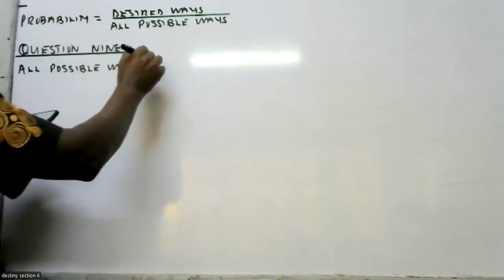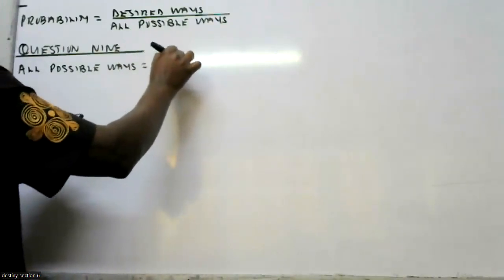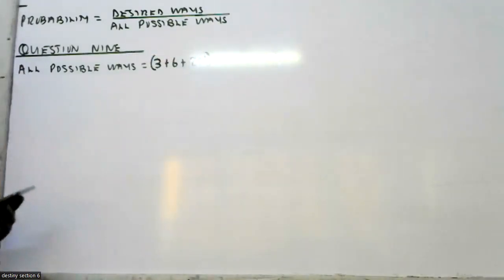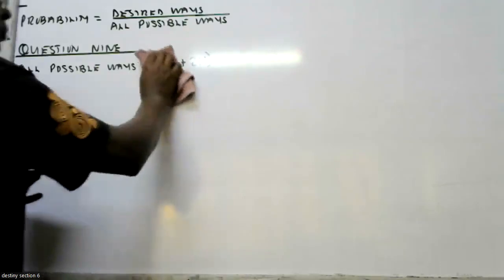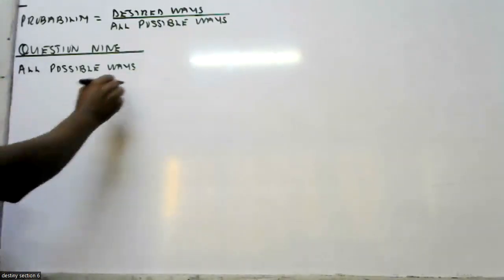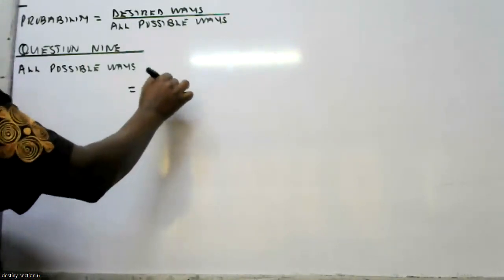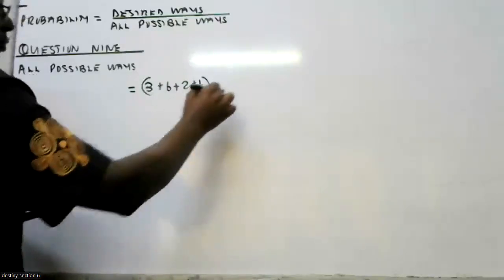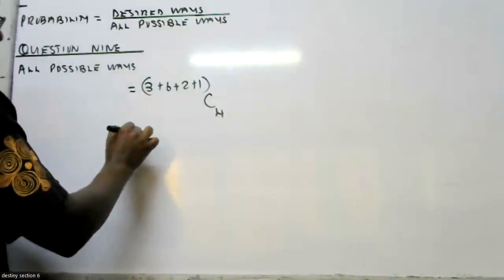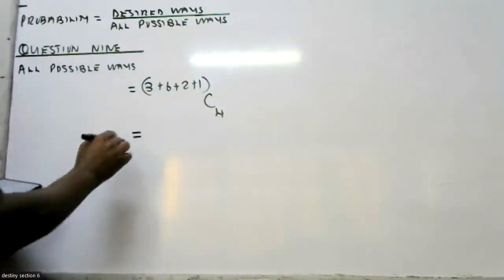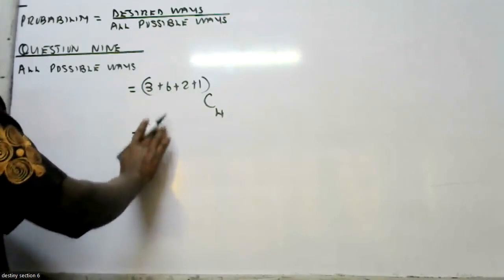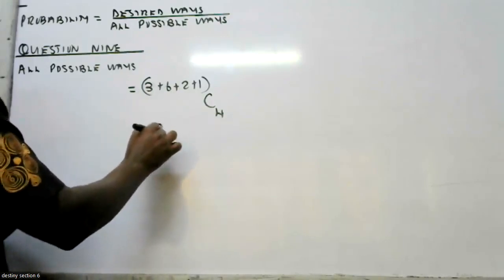So it is 3 plus 6 plus 2 plus 1, we combine 4. There are 12, so 12 combine 4.